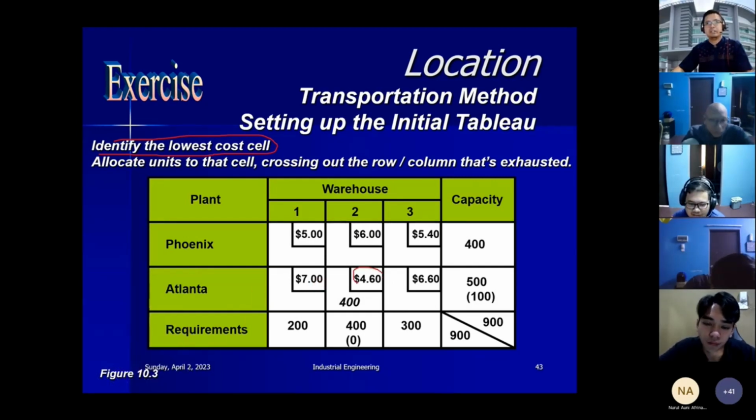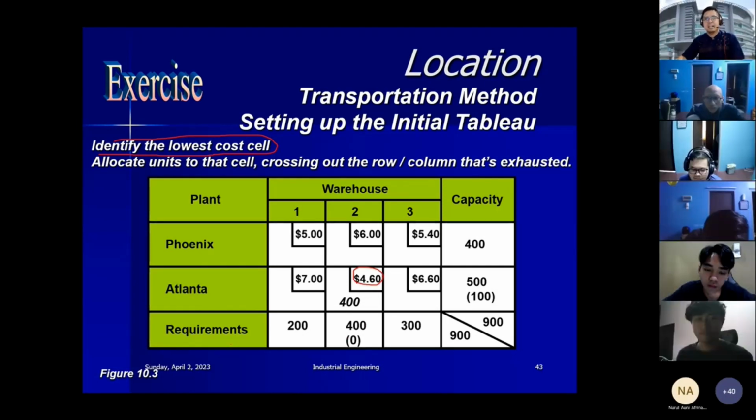This one, the first. So we look at our requirement and look at our capacity. Our capacity 500, our requirement 400. In between 400 and 500, which one has the lowest number? It will be the requirement, right?